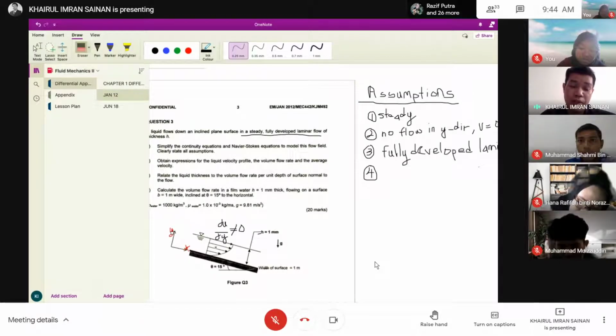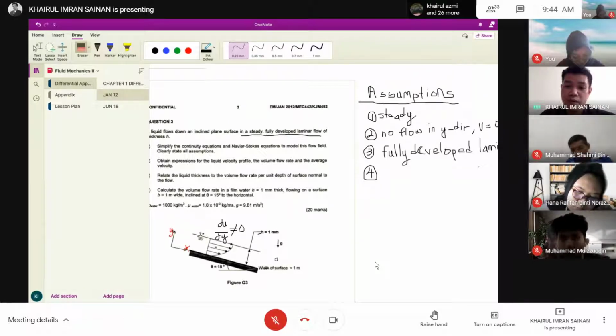But based on your experience, perhaps you can put it at the bottom, for example. It is easier for you to solve if your axis is inclined together with the inclination of the plate. Otherwise, the answer is going to be quite difficult for you to find.